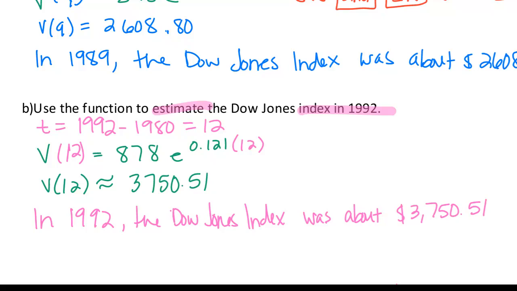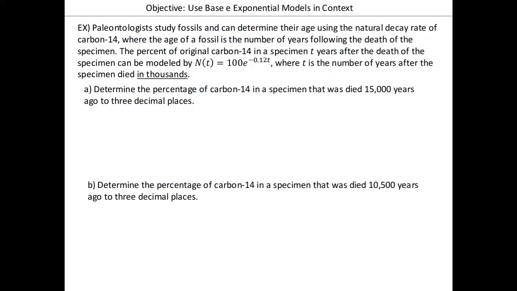All right, so moving on now, we're going to go to the next example. So in this next example, we have paleontologists study fossils and can determine their age using the natural decay rate of carbon-14, where the age of fossils is the number of years following the death of the specimen.